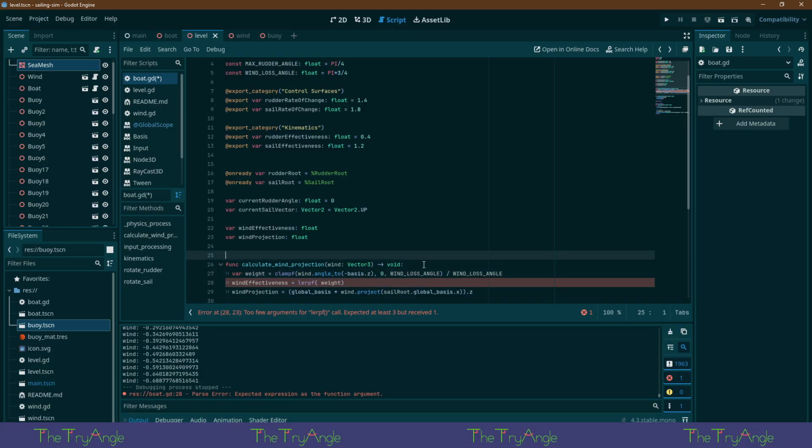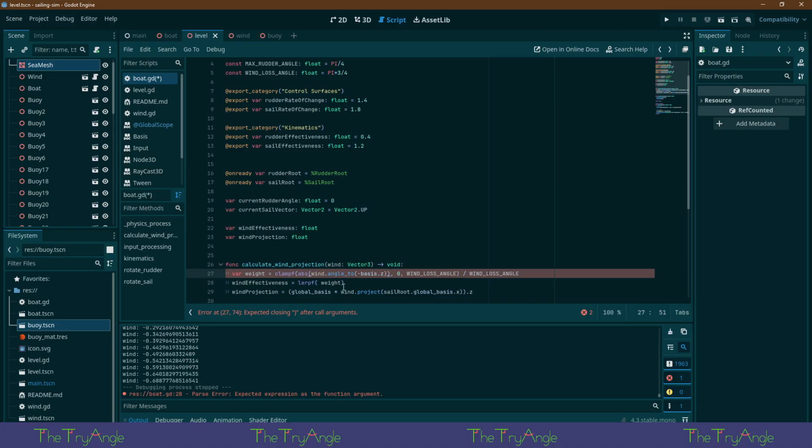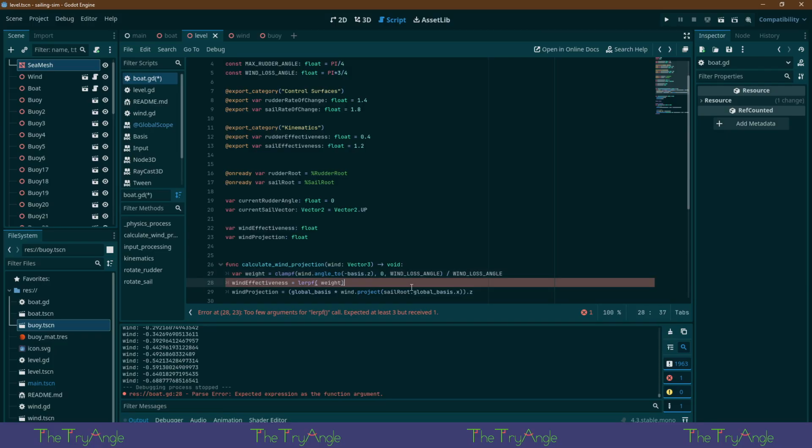We got the absolute value of this angle. Actually, we're already going to get it because angle 2 is unsigned. So we get some angle between 0 and pi.